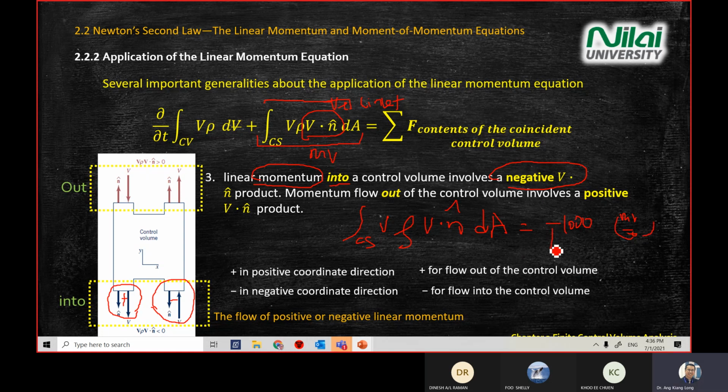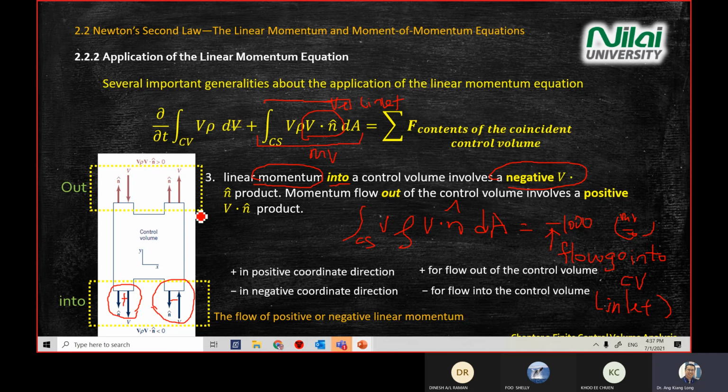If you get a negative, it just means that the flow is going into the control volume. You just need to explain, when you get negative, what does it mean? It means it's an inlet. You let some flow or fluid flow into the control volume when you get a negative answer.